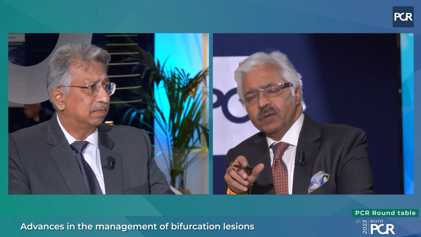So let me just understand this. The circumflex left main, the most important bifurcation, should we say, and truly a lot of concern as well as discussion happens around the best way to approach the distal left main circumflex bifurcation. So what in your practice is the percentage of complex left main circumflex bifurcation?